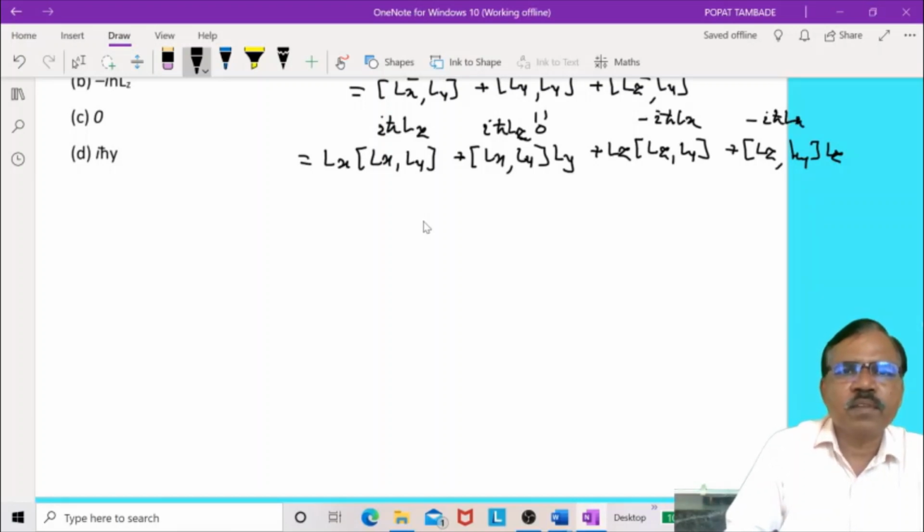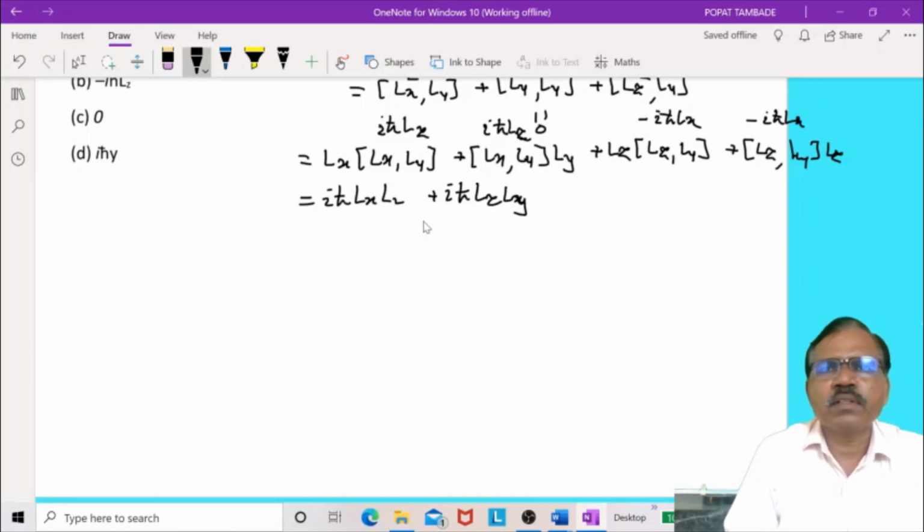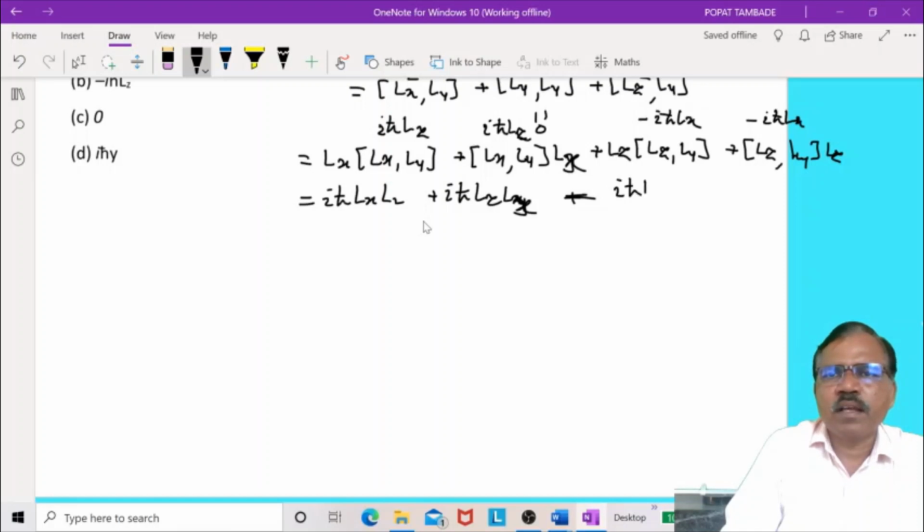So we get here iħ Lx Lz plus iħ Lz Lx, minus iħ Lz Lx minus iħ Lx Lz, and this comes out to be 0.